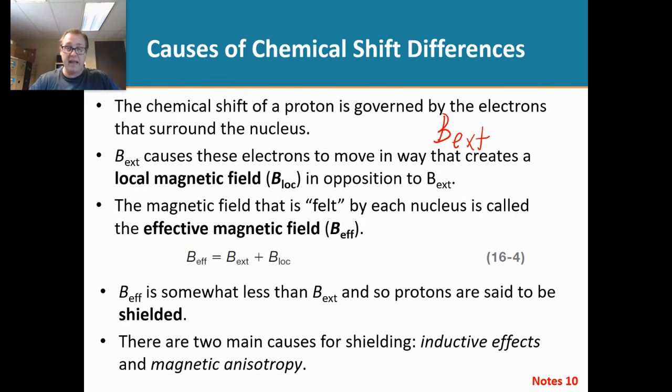Then when we place our molecules in an external magnetic field, the electrons start spinning in a certain direction, and that generates a local magnetic field. That local magnetic field is always going to oppose the external magnetic field. So I could write it like this.